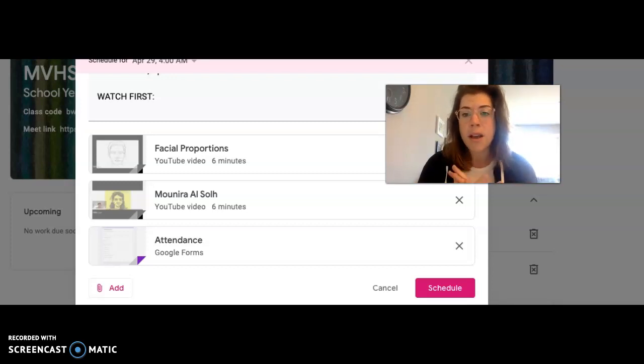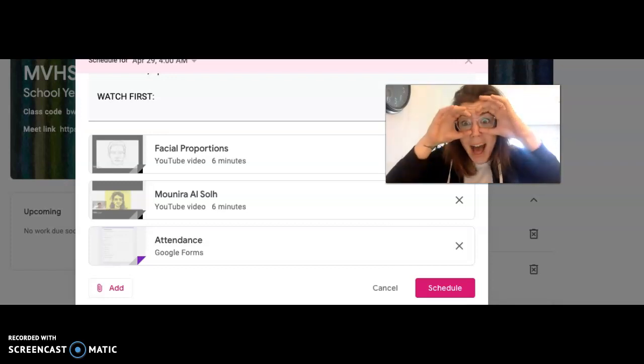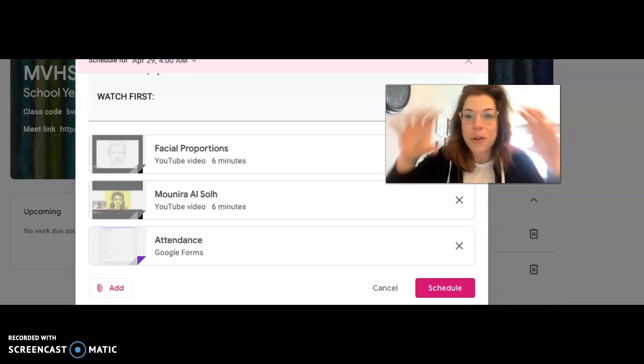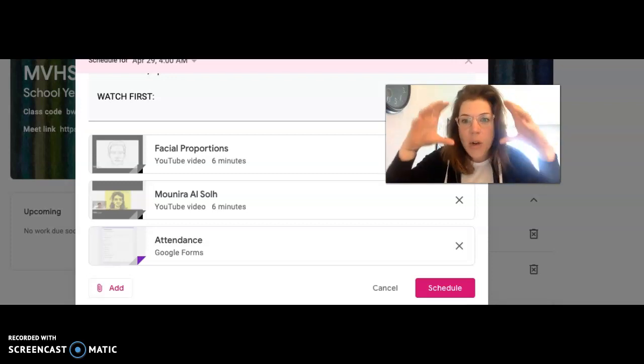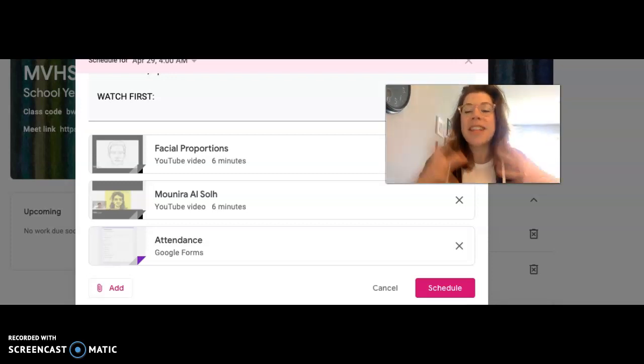If we were learning how to draw cartoon characters, their faces are very out of proportion. That's what makes them very goofy and silly. Like the Simpsons have really big eyes, basically just big circles laying on their yellow faces. That's out of proportion, right?